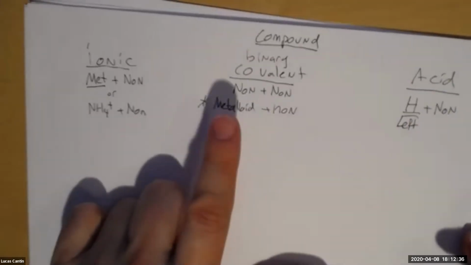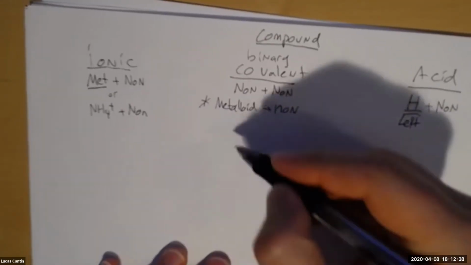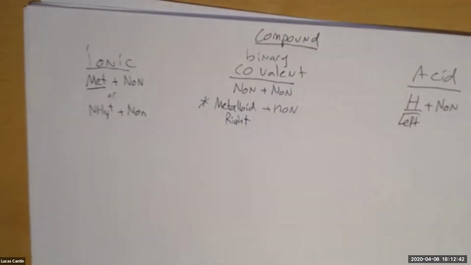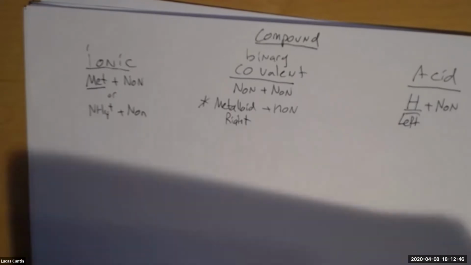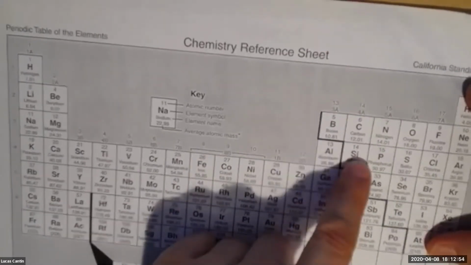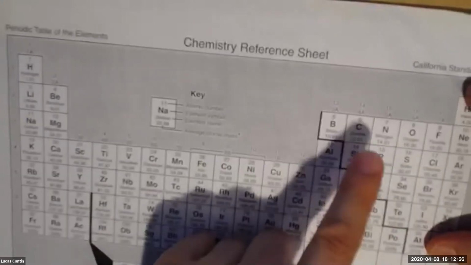Technically, if it's a metalloid on the right, you know that division? Let's show a periodic table. This one's kind of beat up, but silicon is on this side. So even though it's a metalloid, it's on that side. For naming purposes, it's a non-metal.